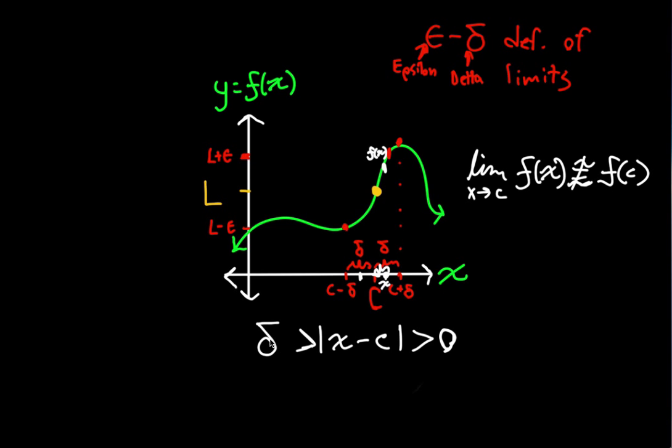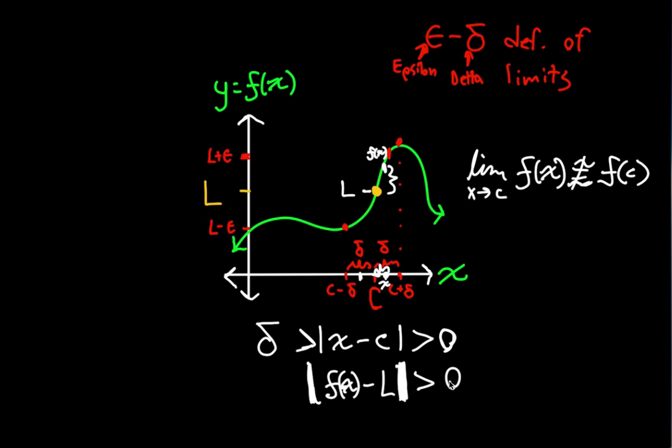And similarly, if we take the difference between f of x and our limit that we're trying to find, that's this thing here, L, and we take the absolute value of that, I don't know why I put brackets here instead of the proper absolute value symbol, that too has to be greater than 0, right?